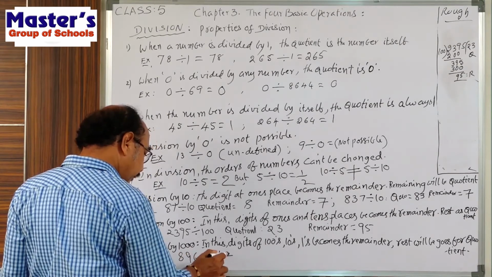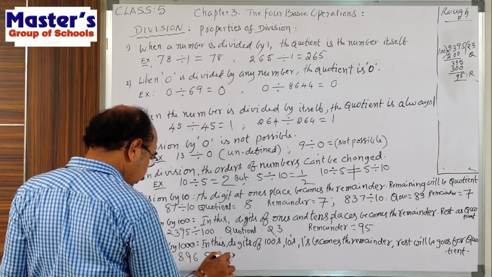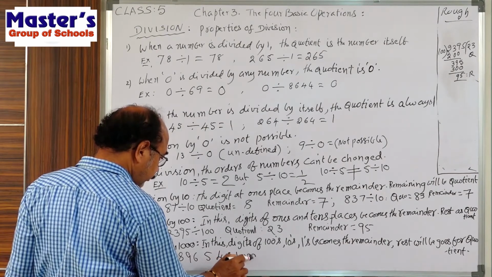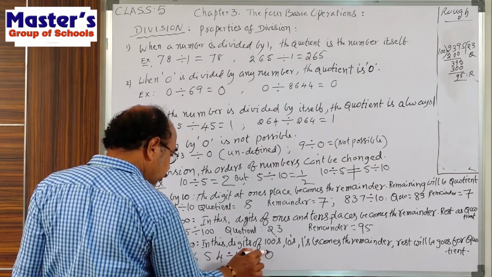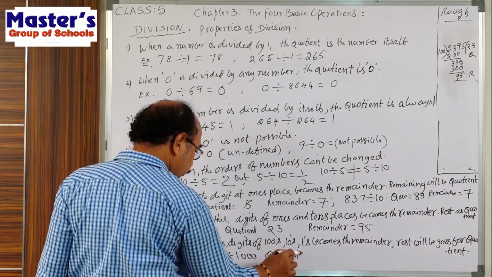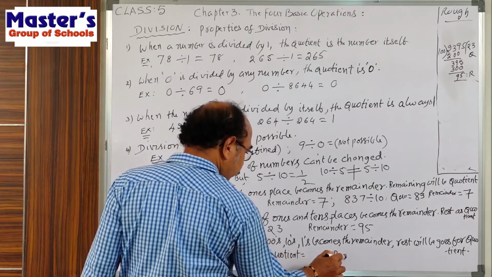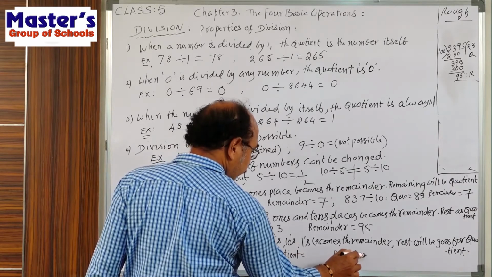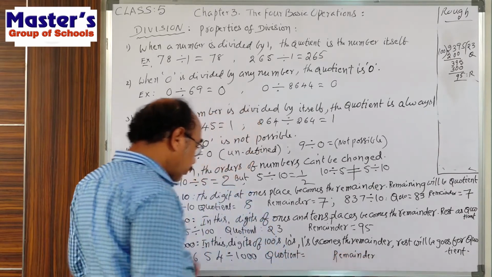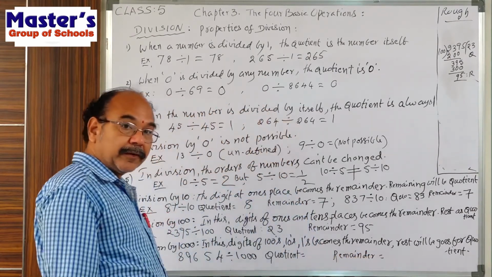89654 divided by 1000. Write the quotient and the remainder. What is the quotient and the remainder? Very simple.